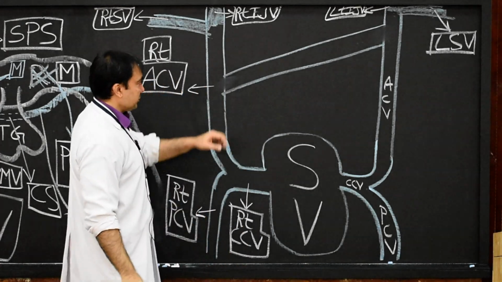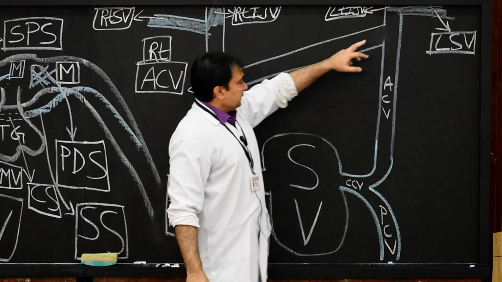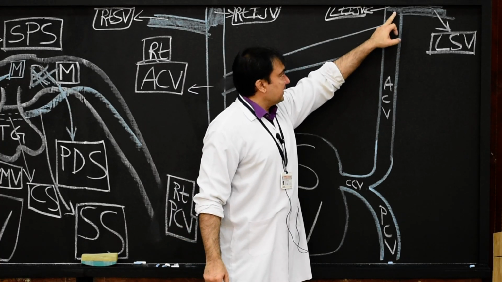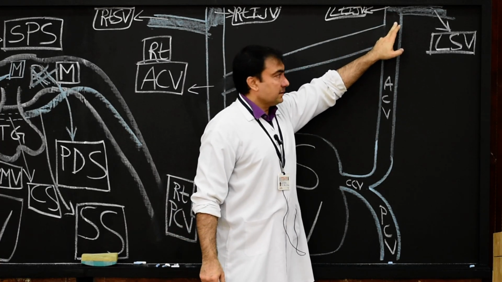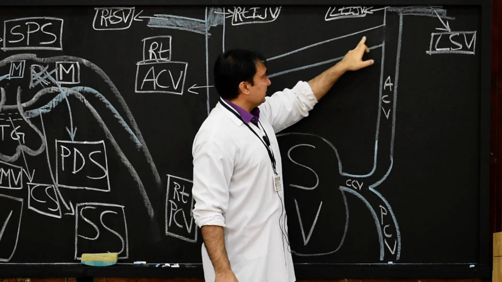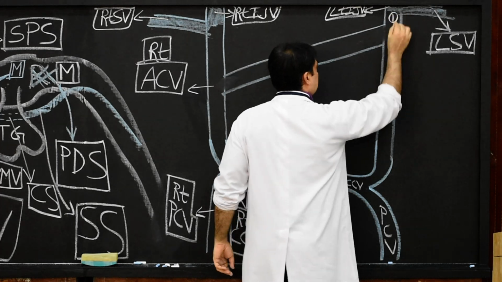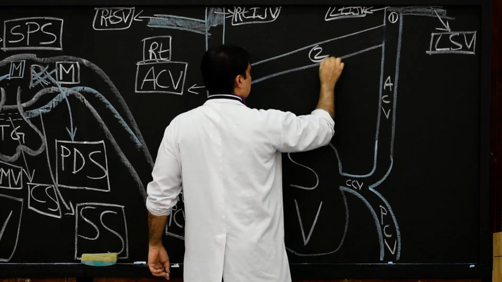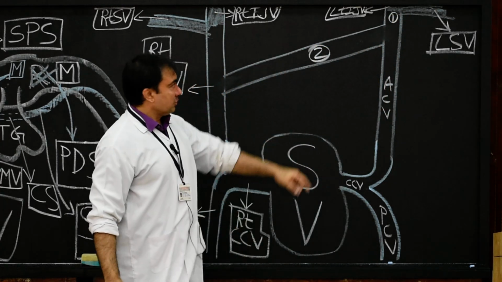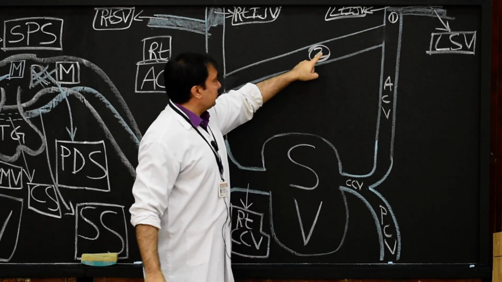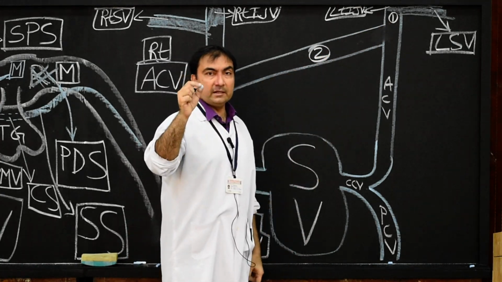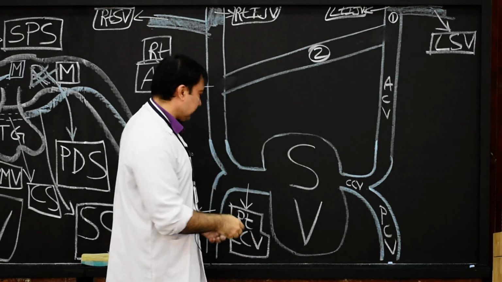Now the interesting portion, the portion of the left anterior cardinal vein between opening of subclavian vein and this oblique anastomosis, this first portion, I will name as first, and second portion, this oblique anastomosis. So portion number 1 plus portion number 2, the oblique anastomosis, will lead to development of left brachiocephalic vein.